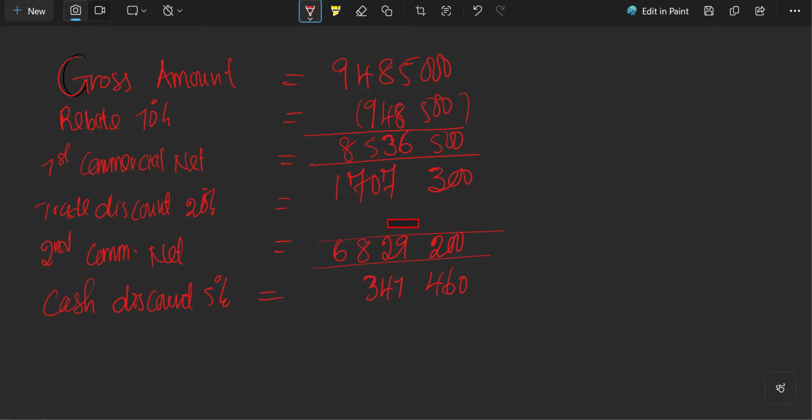So now we have a financial need. Let's go ahead to our financial need. We'll subtract the financial need, and it should give us 6,487,000.